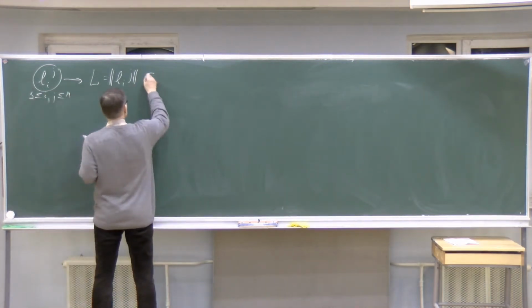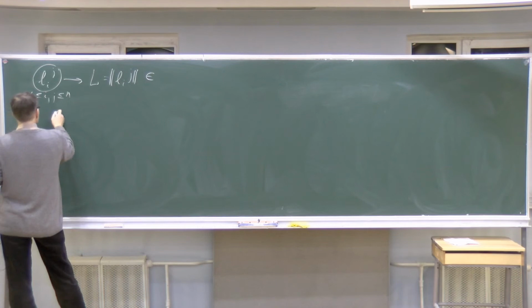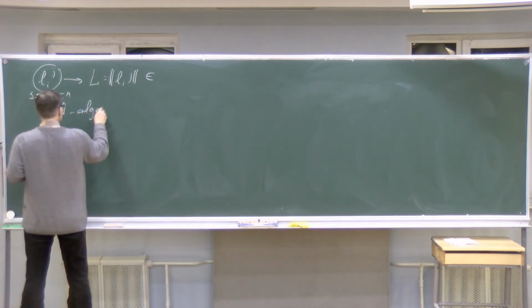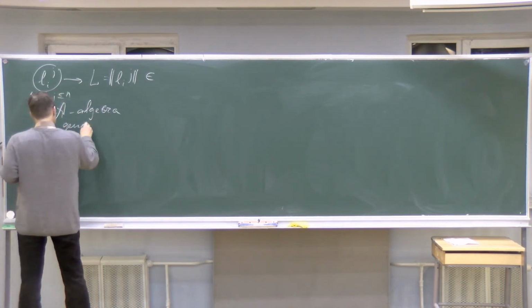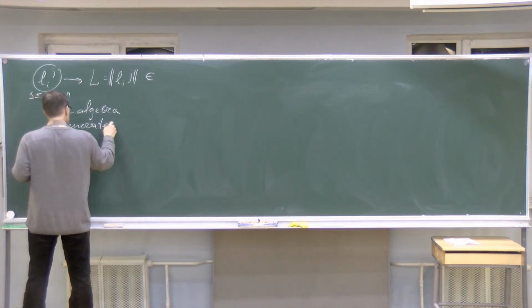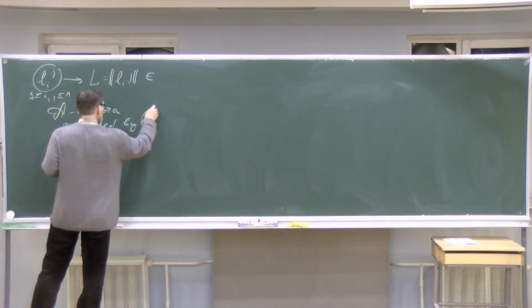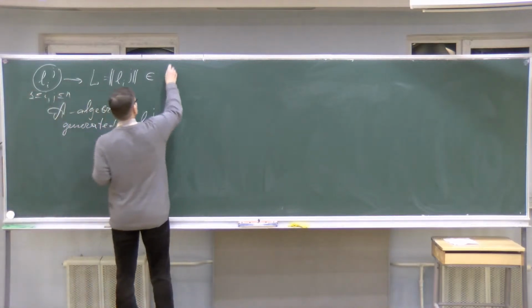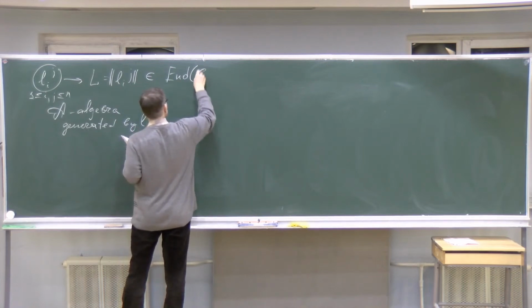If we denote by A the algebra generated by our generators, then this object belongs to the following tensor product.